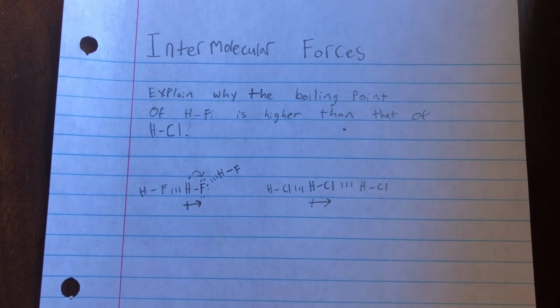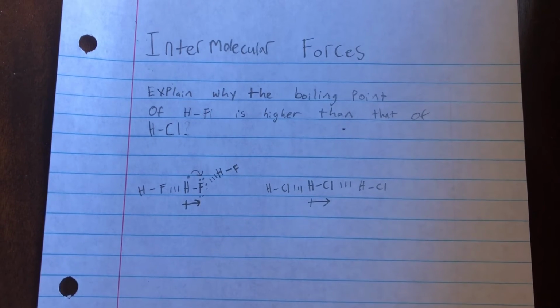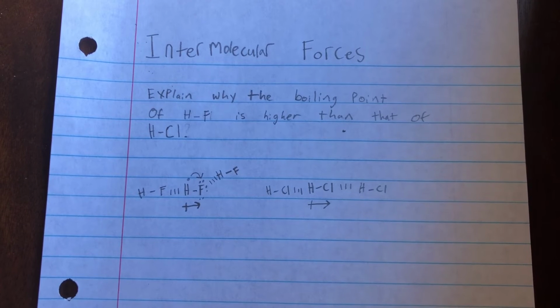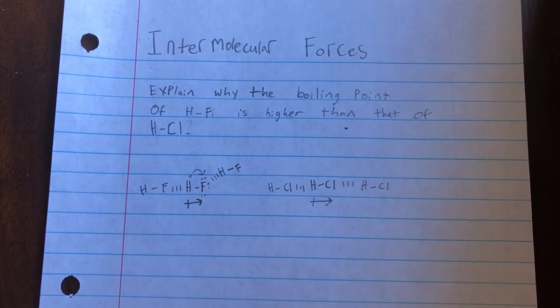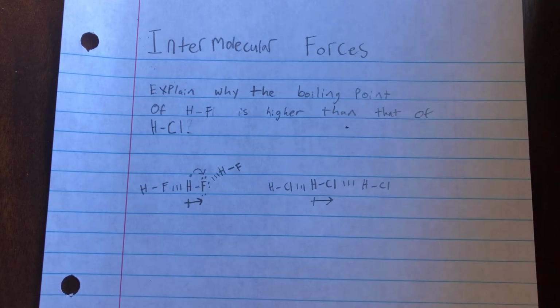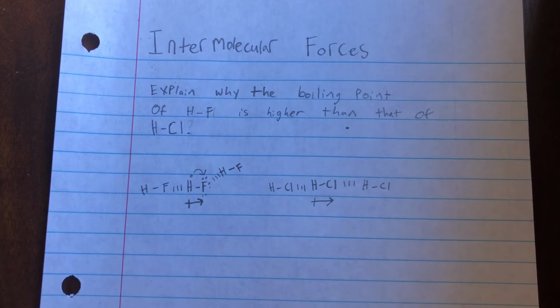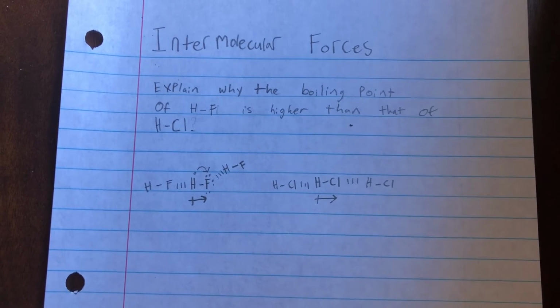Hydrogen chloride is not electronegative enough to take the full electron. So what happens is the hydrogen is still positive, just not as positive as that of hydrogen fluoride. So the hydrogen is still experiencing attraction from the chlorine atom, it's just not as strong because there's not as much polarity.